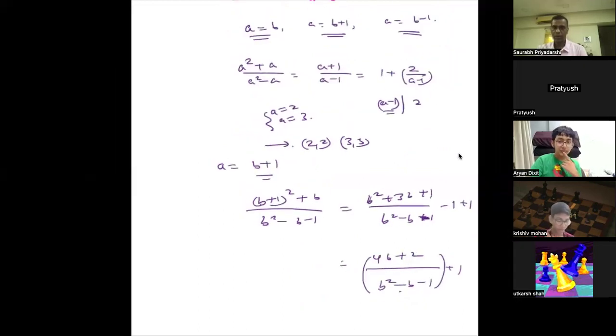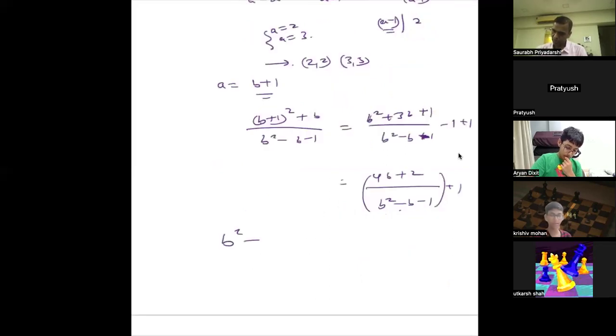So b square minus b minus 1 is less than equal to 4b plus 2. So b square is less than equal to 5b plus 3. So b should be less than equal to 5. So the pairs will be 2, 1, 3, 2, 4, 3, 5, 4, 6, 5.